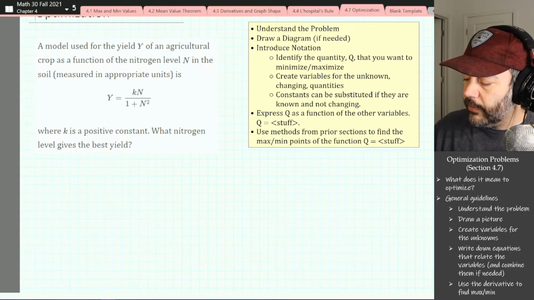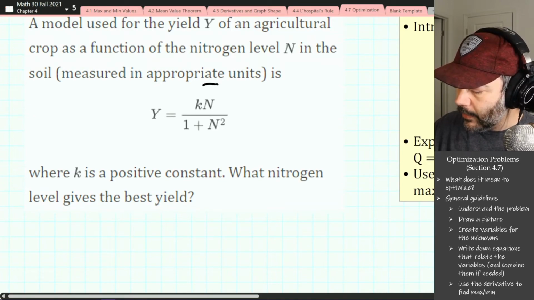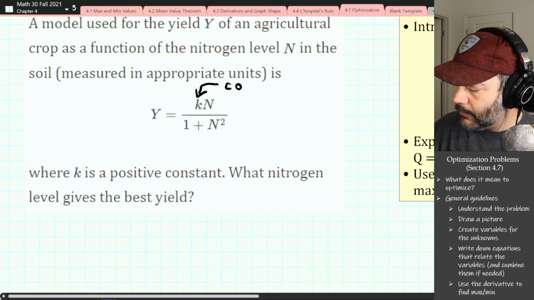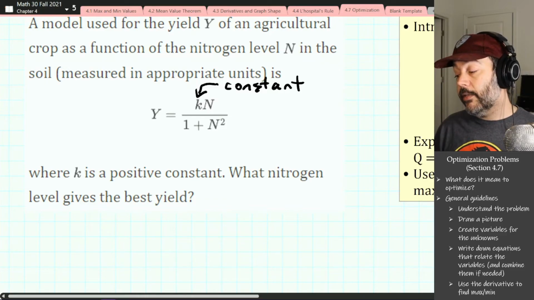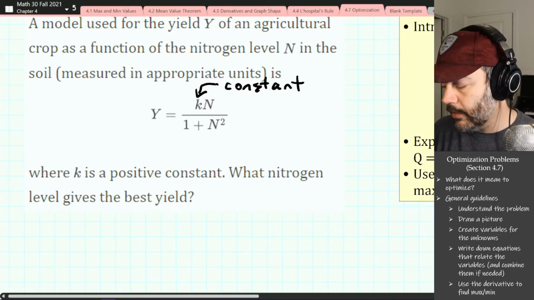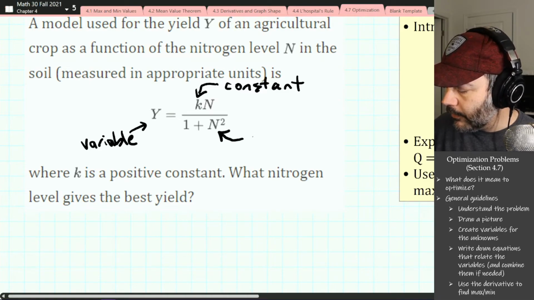So what we have here is a function where k is constant. They didn't give us k, so I'm assuming it doesn't matter what k is. Y is a variable. N is variable.